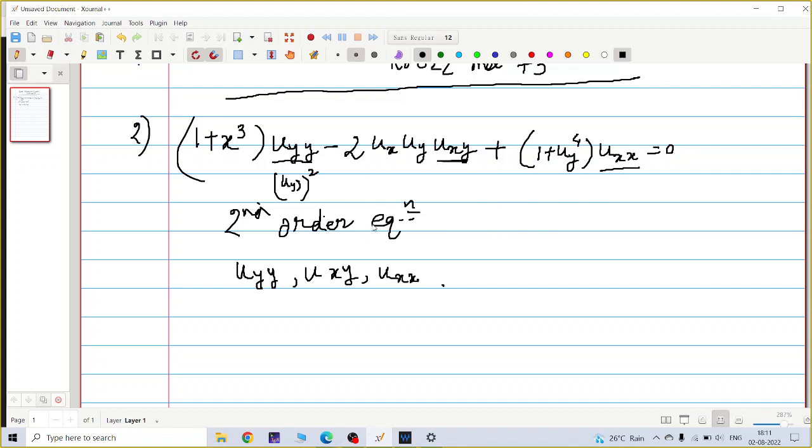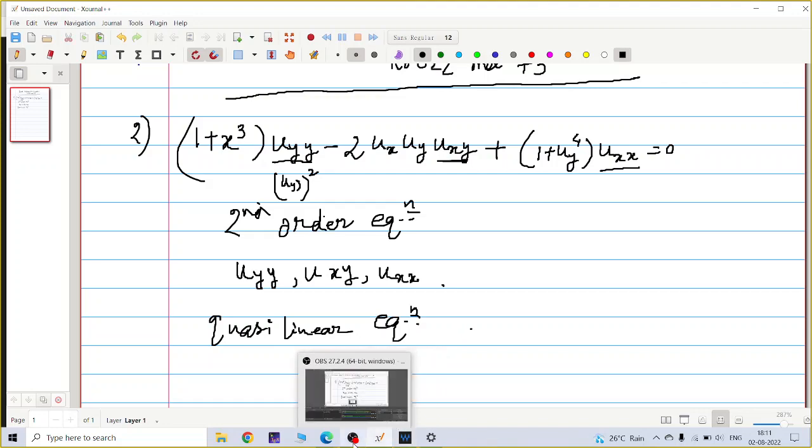The equation is quasi-linear if it is linear with respect to the highest order derivatives of the unknown function. Here the unknown function is u, and the highest order derivatives uyy, uxy and uxx all appear linearly. So it is a quasi-linear equation.